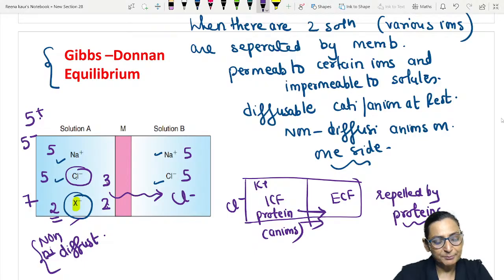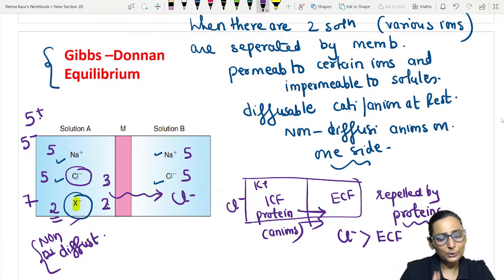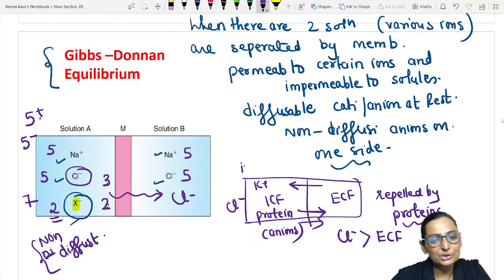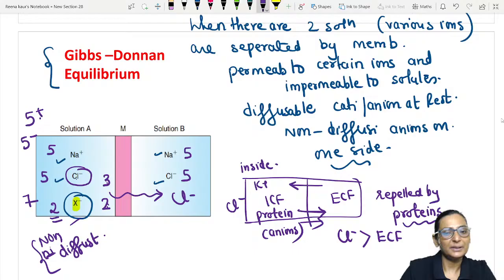So that is the reason, because of this Gibbs-Donan effect, you will see that the chloride concentration is more in the ECF. Why? The chlorides want to remain inside, but they cannot remain inside because they are repelled by the already existing proteins. Now, this is the reason why there is favorable diffusion for potassium, and the potassium concentration is more inside. Because you have anions inside, there is always a tendency that positive ions will come inside. The only positive ion which can come inside at rest is potassium.